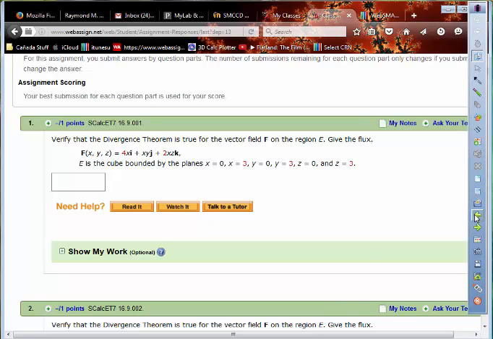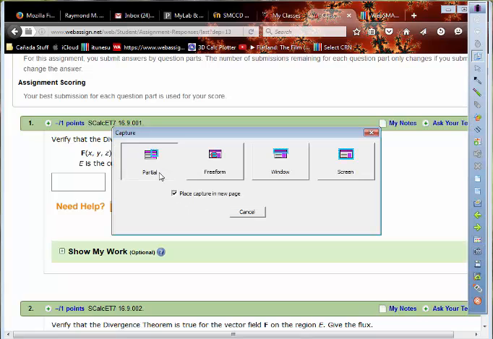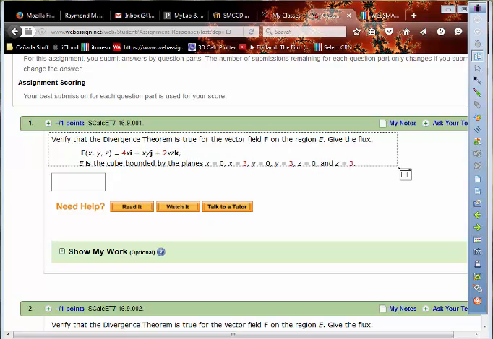This looks like an innocent-looking example. Oh, actually, this example says to verify that it's true. So this would be a good example to start with. We can do both sides. We can do the flux integral and do the surface integral, not the surface, but the triple integral, and then see which one looked easier, and hopefully we get the same answer.